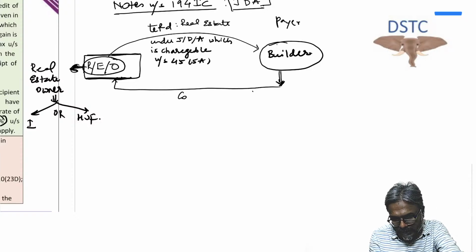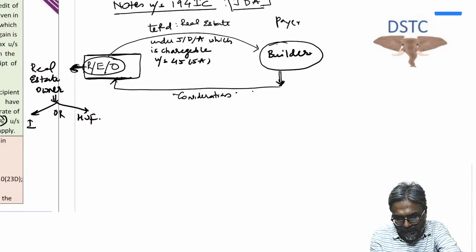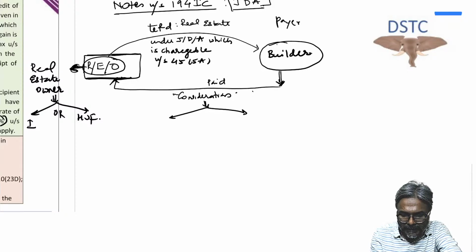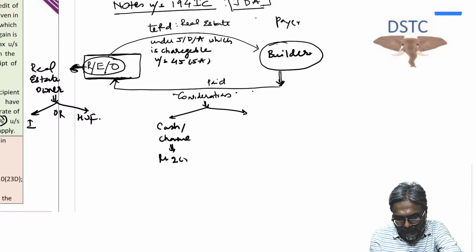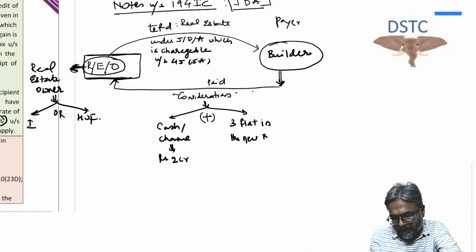Now consideration would be, in this case, the cash and cheque of say rupees 2 crore, plus he has given 3 flats in the new building constructed by the builder.